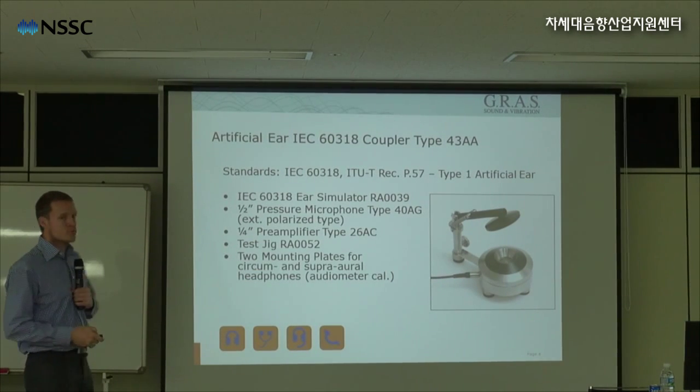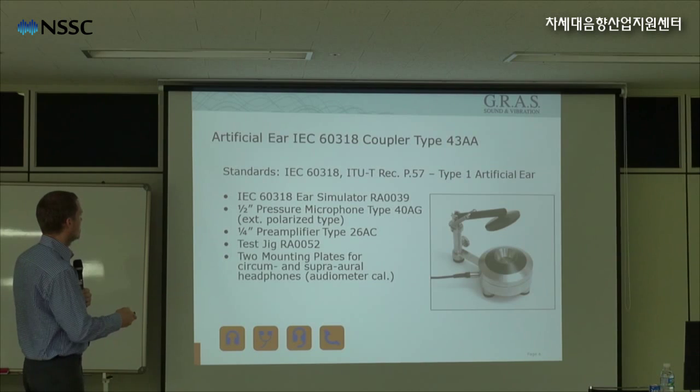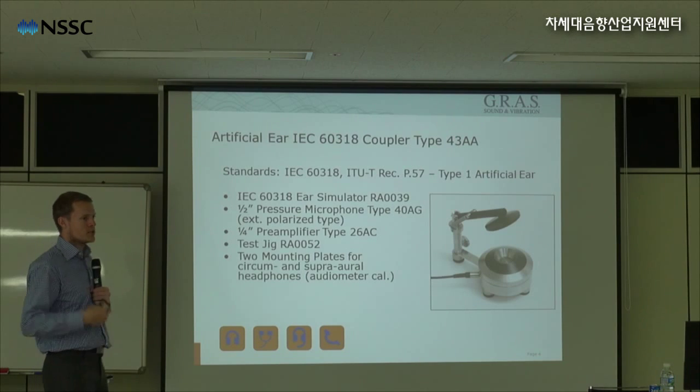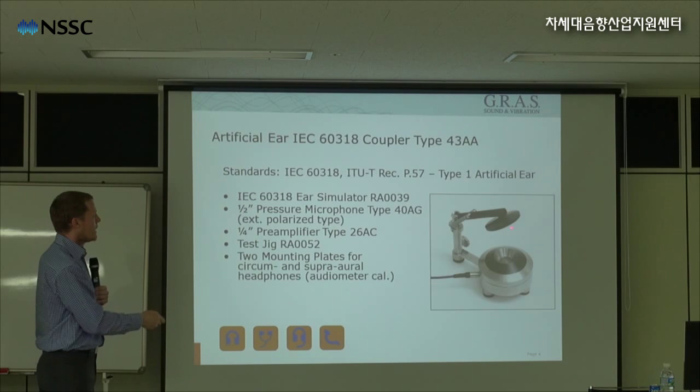The first product that we have is an artificial ear. It's designed according to IEC standard 60318. This is the 43AA ear, and it looks like this. This ear is an artificial ear that represents the human ear, and this is the opening of the ear.